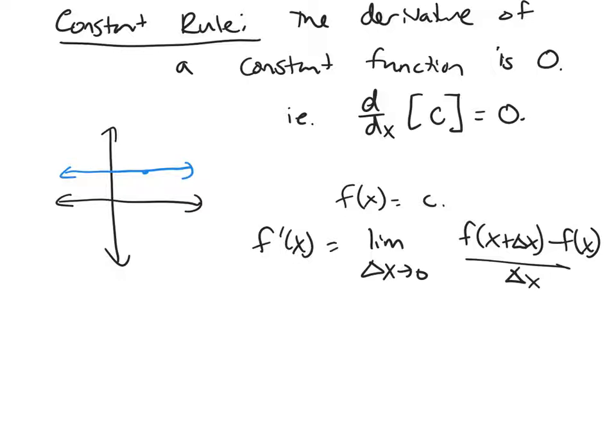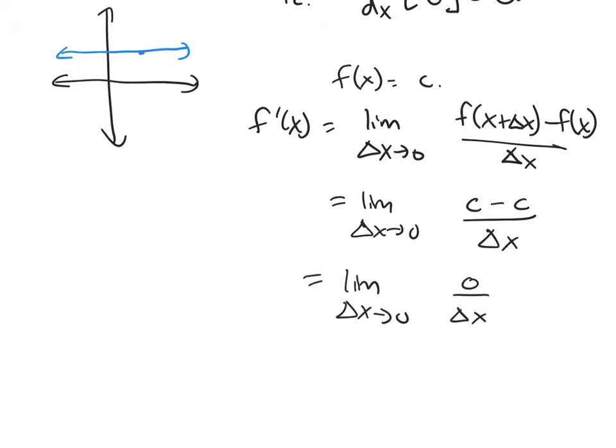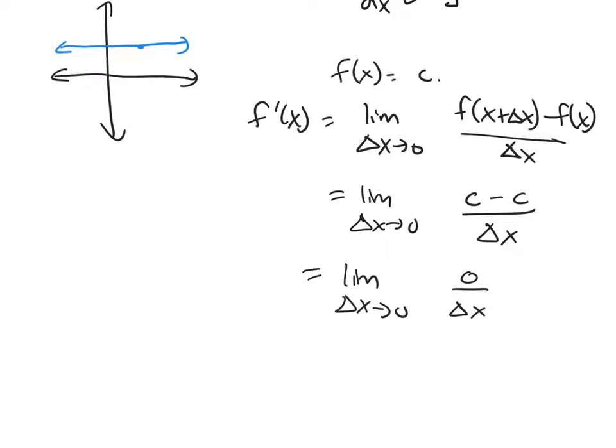So here your function is always constant. It's always equal to c. And so in the numerator, you're getting c minus c over delta x. Well, c minus c, that's just 0. 0 over delta x, or really just overall, I can just say 0 here. And the limit of 0 is 0.